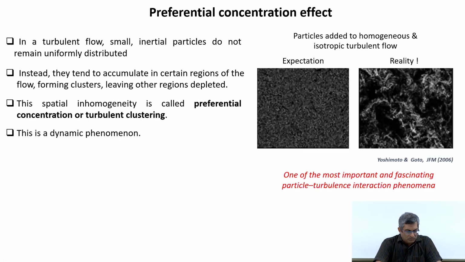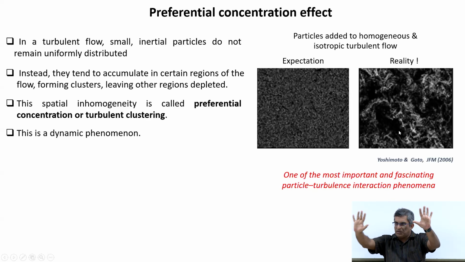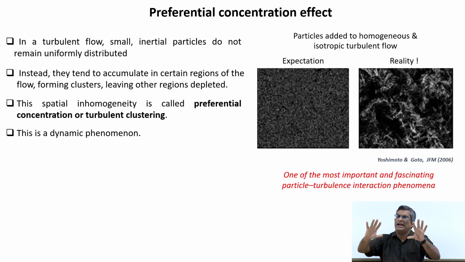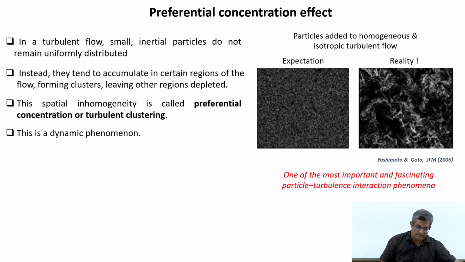Okay. What is interesting about this is that it is a dynamic phenomenon. What is meant by that? It is not like you will see particle clusters like this, or the same topology of the particle distribution, at all times. This is one instantaneous feature.